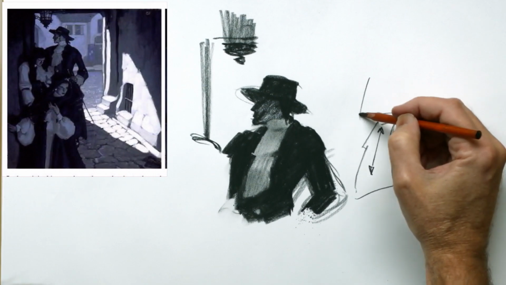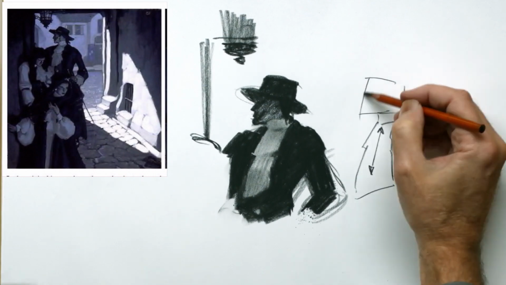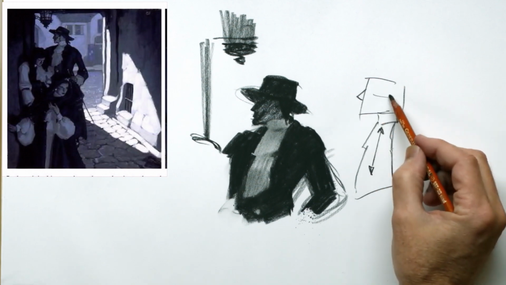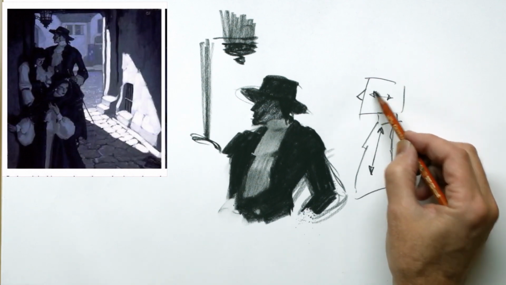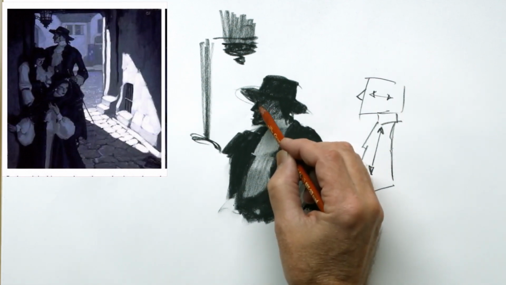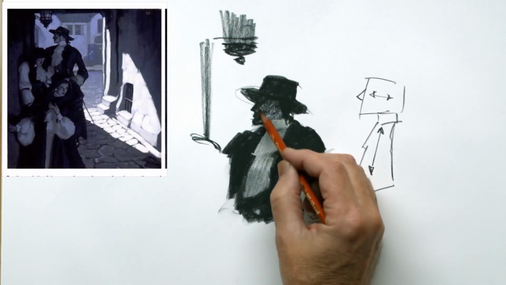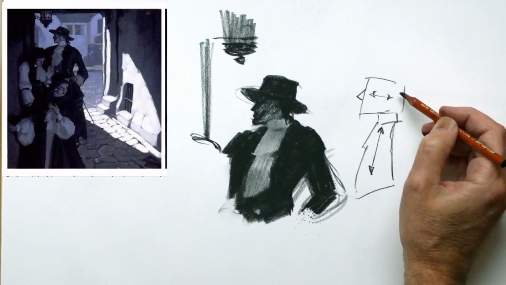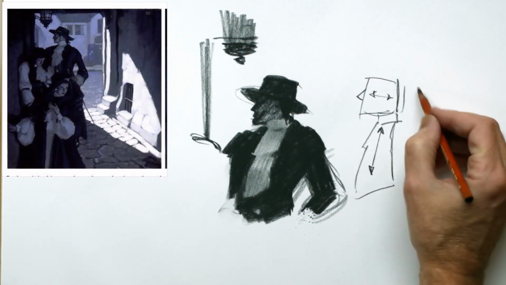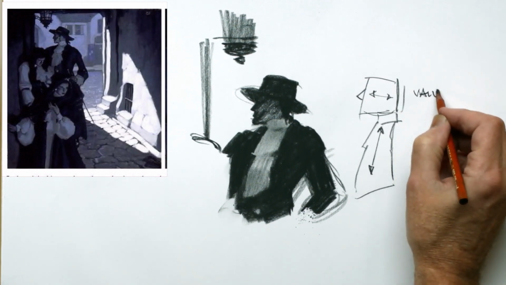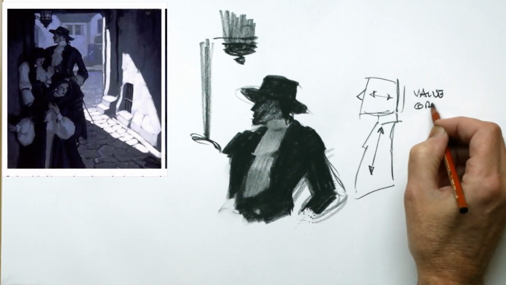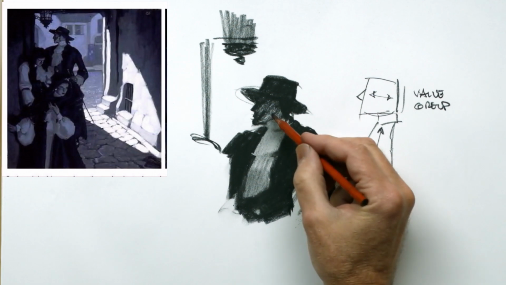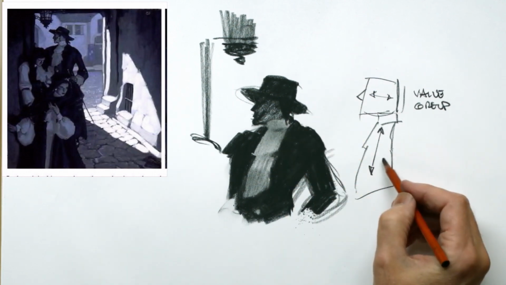His face, on the other hand, has a tonal range within there as well, from over here to over here. The darker, real darks in here, and this in here. But this group is a value group. So we have one value group depicted here, and another one depicted here.